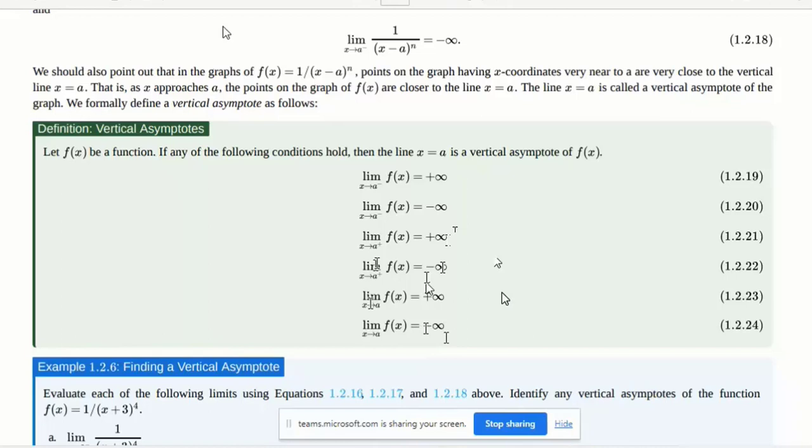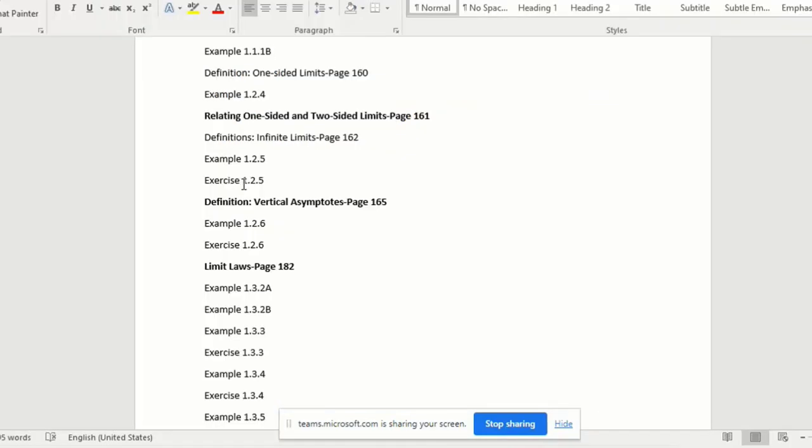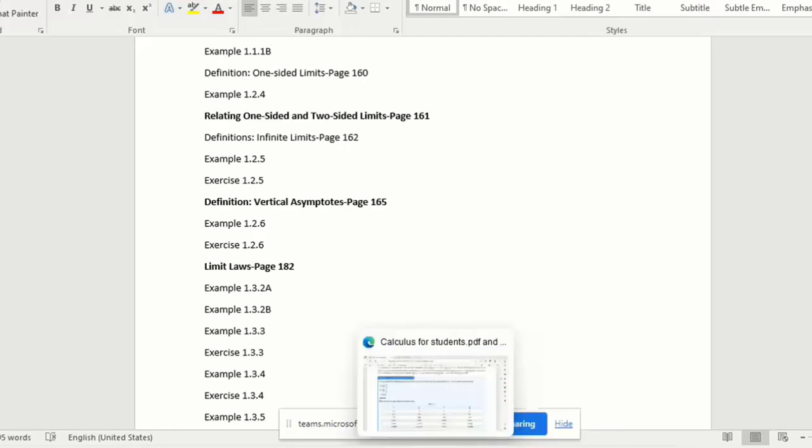But if you are still confused, we'll always come back to the definition. Don't worry much. Now, let's look at exercise 1.2.5.